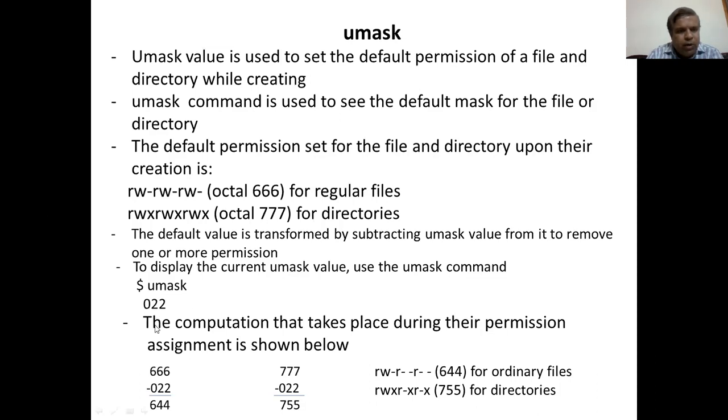Here is how the computation will be done. The computation that takes place during their permission assignment is shown below. This is for a file. It will subtract the umask value 022 from 666.